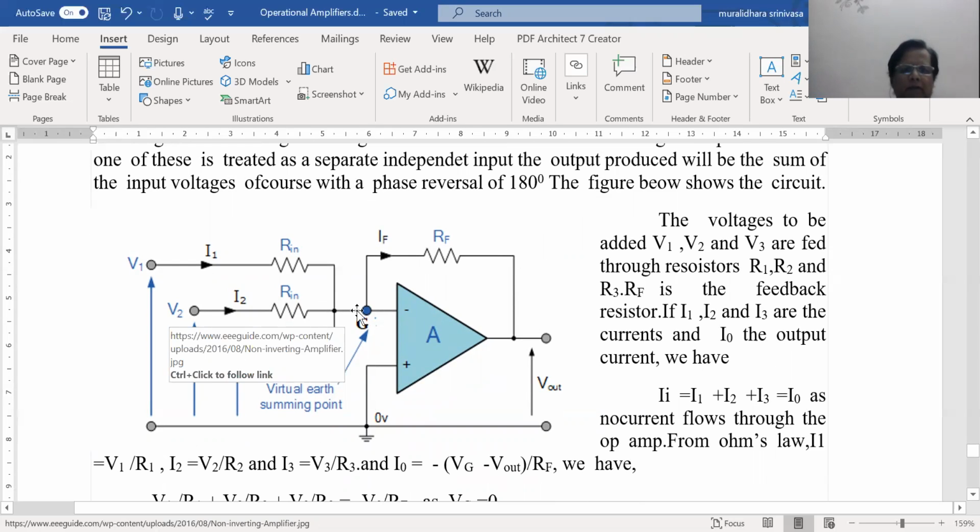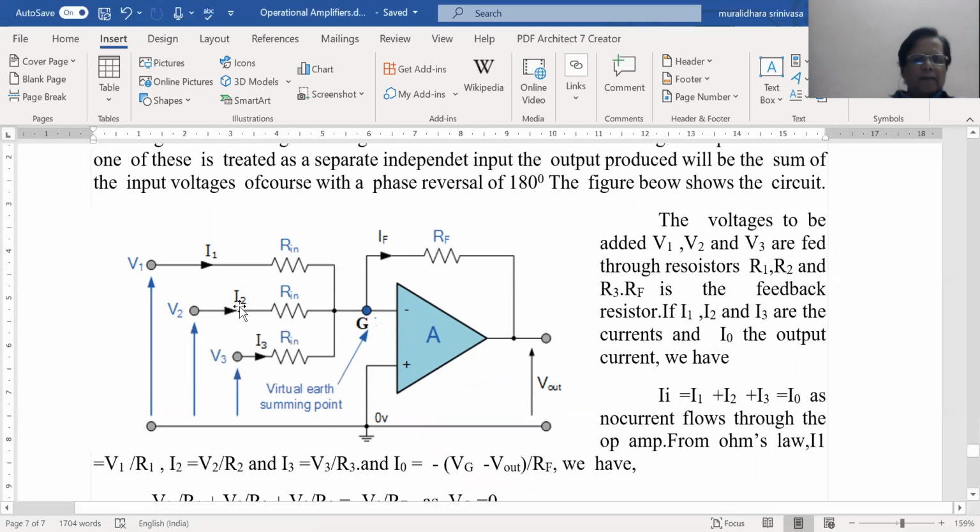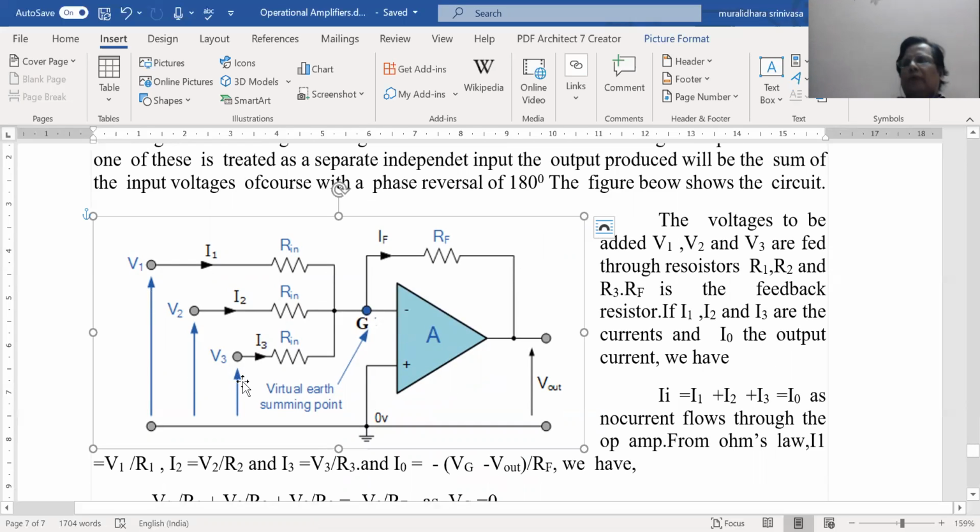Here you have the feedback resistor. Now what happens? I will give different inputs V1, V2 and V3 through resistances R1, R2 and R3. I have shown them as R in here because ultimately I wanted to make them all equal. So now what is happening?